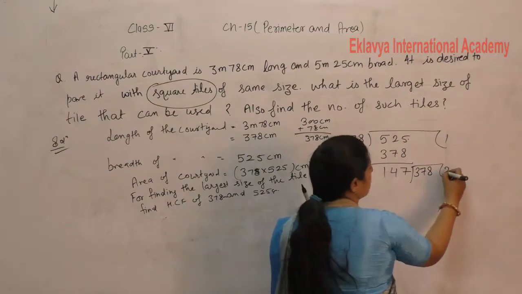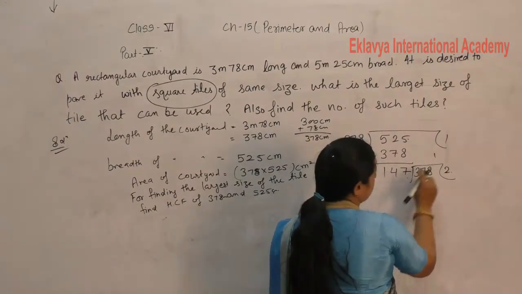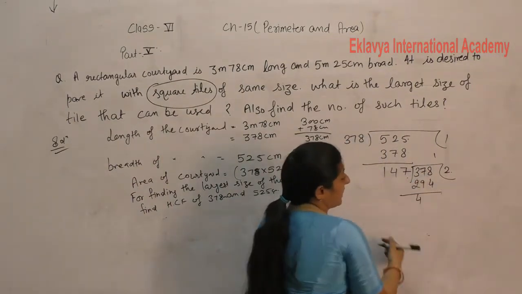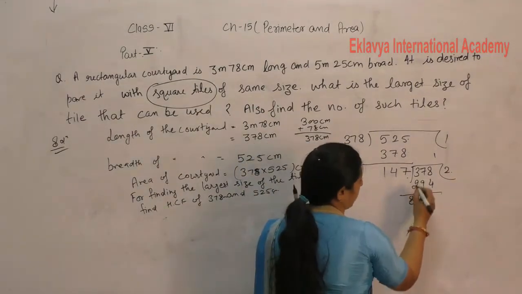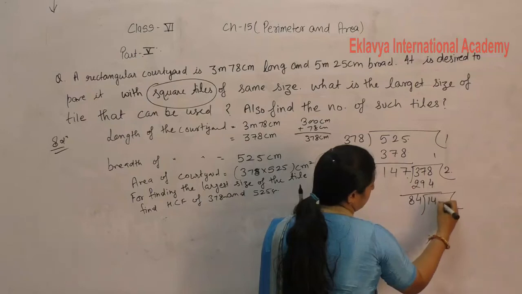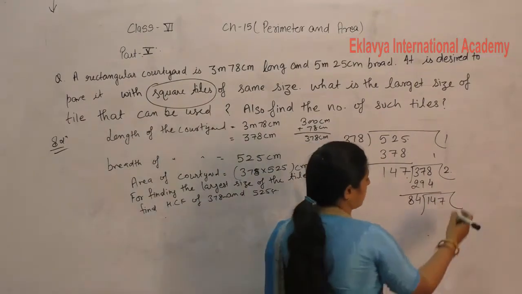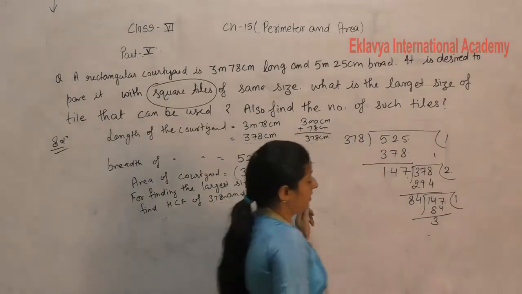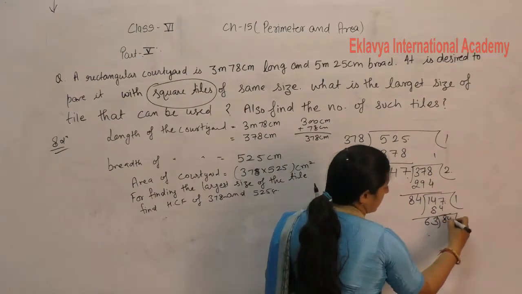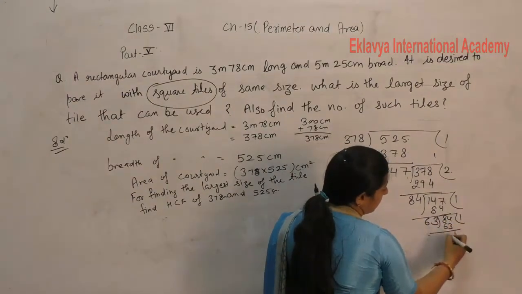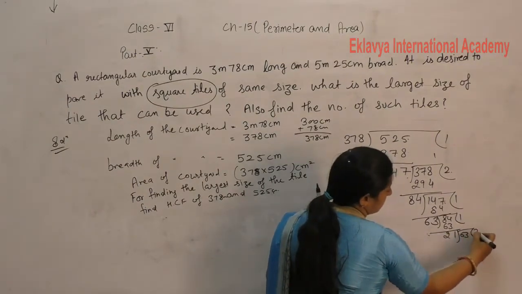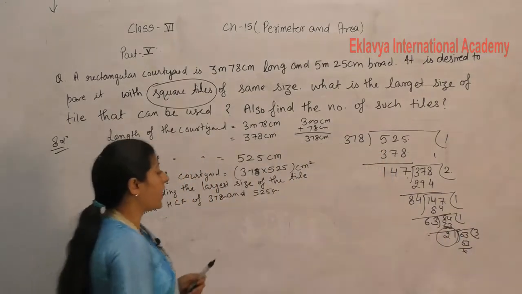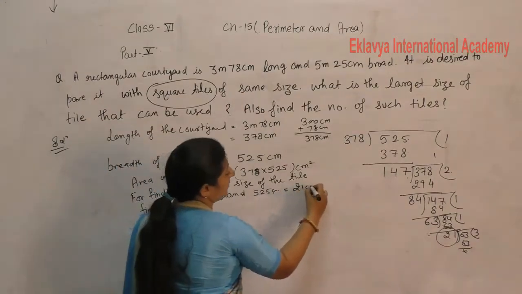I think 2 times it will go, 2 sevens are 14, 2 14s are 28, plus 1 is 29. 8 minus 4 is 4, 17 minus 9 is 8, 2 minus 2 is 0. Continuing the division, we get the HCF: 21. So the HCF of this is equal to 21 centimeter.